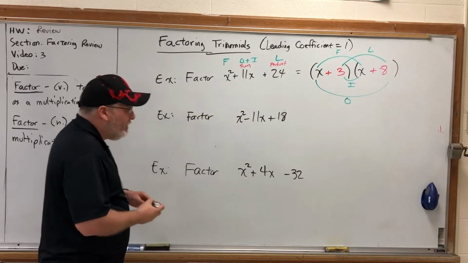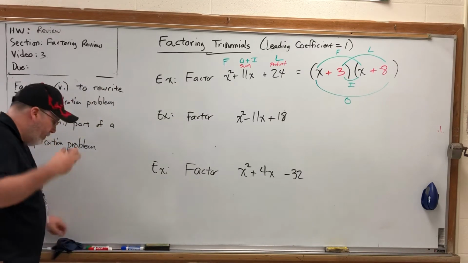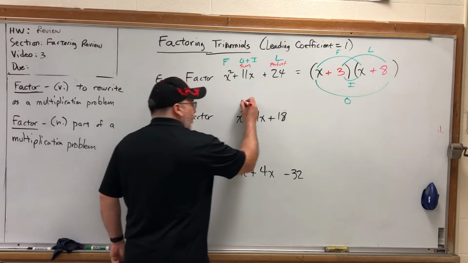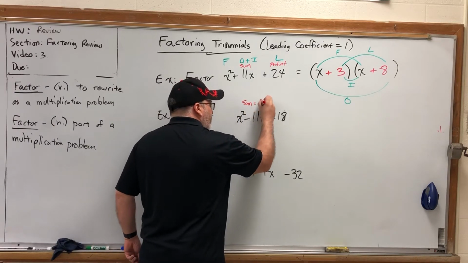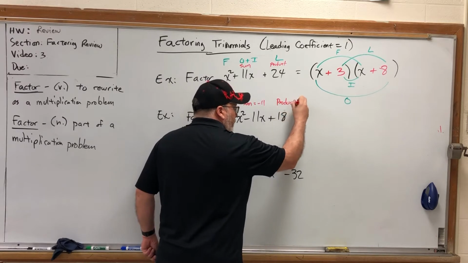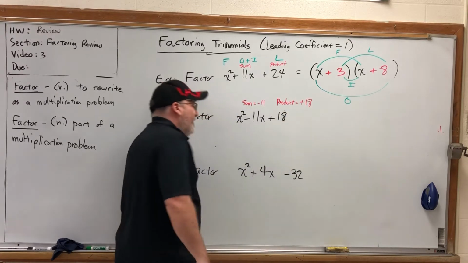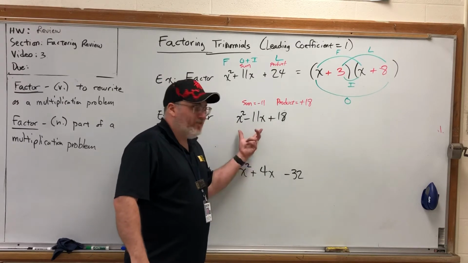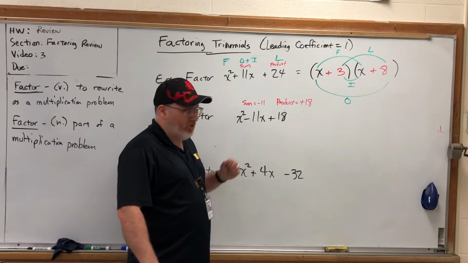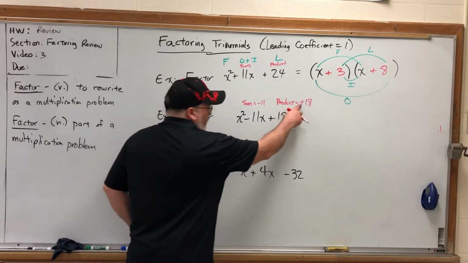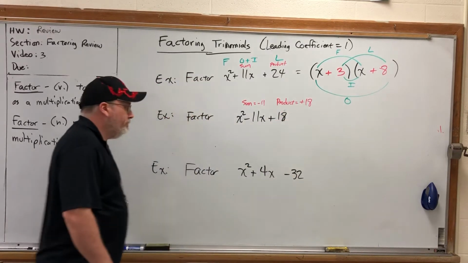Alright, so if the leading coefficient is 1, meaning that the number in front of the x squared is 1, this is a game of what has a sum of the middle term, so sum equals negative 11, and what has a product of the constant term. What has a sum of the middle coefficient, negative 11, the middle term is negative 11x, but I'm focusing on the negative 11, and also has a product of the constant term, which is positive 18.